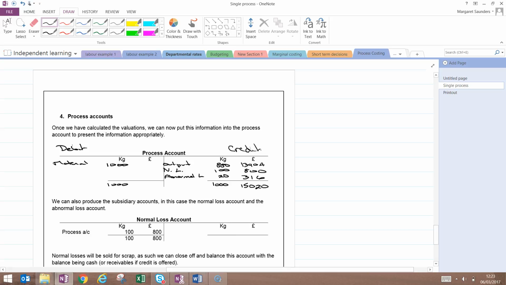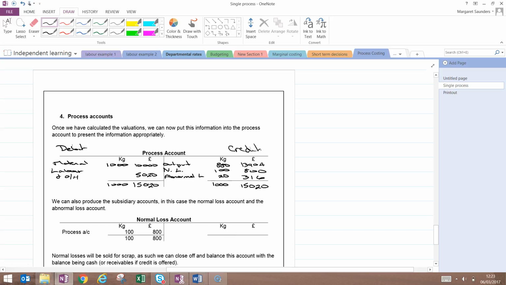So looking at the debit side, the 1,000 kilos of material that went into the process, we know were valued at £10,000. And then we also put labour and overheads into the process, which we were told were £5,020, totalling 15,020.